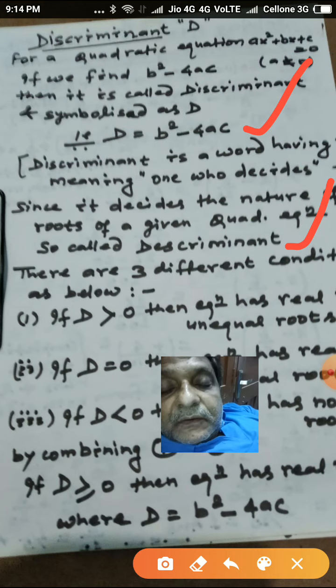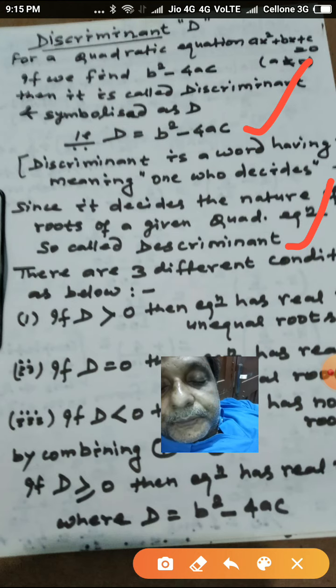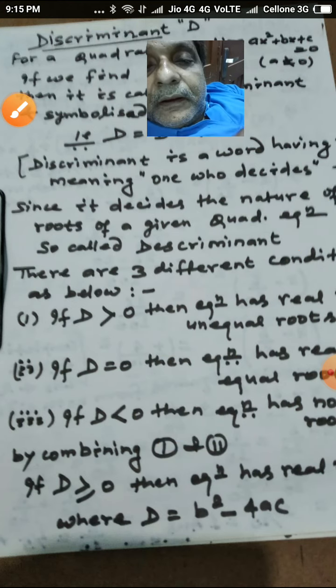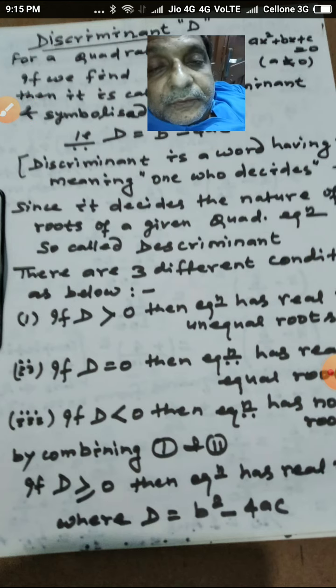Now there are three different cases or conditions for a given quadratic equation. And what are these conditions? So let us take them one by one. If we find D, that is b square minus 4ac, taking the values of a, b and c from the given equation.